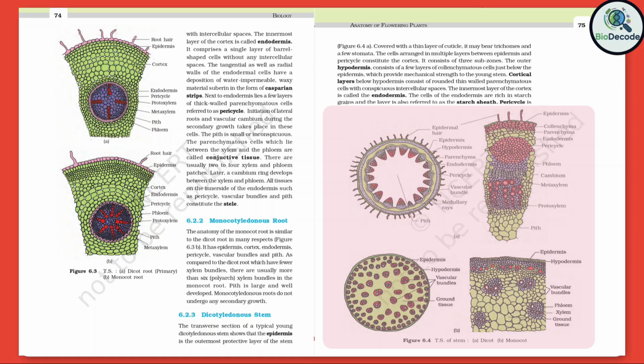Figure 6.4 shows the transverse sections of stems. Diagram A represents a dicot stem showing epidermis, hypodermis, parenchyma, endodermis, pericycle, vascular bundles, and pith. Diagram B represents a monocot stem with epidermis, hypodermis, ground tissue, and scattered vascular bundles.